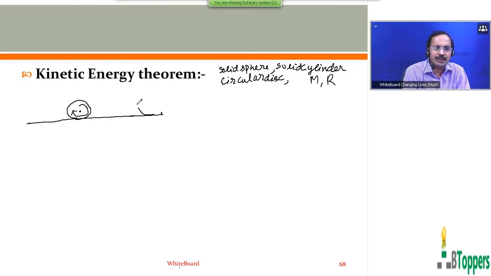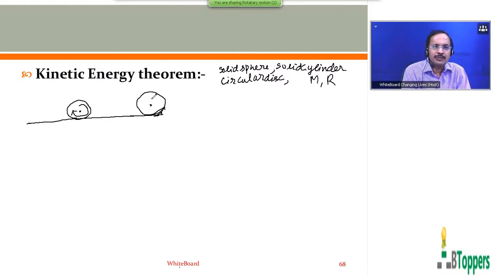The same description applies for any other regular objects I have mentioned. What we are showing in the figure is the cross section of the rolling object in the vertical plane containing the center of mass of the rolling body.